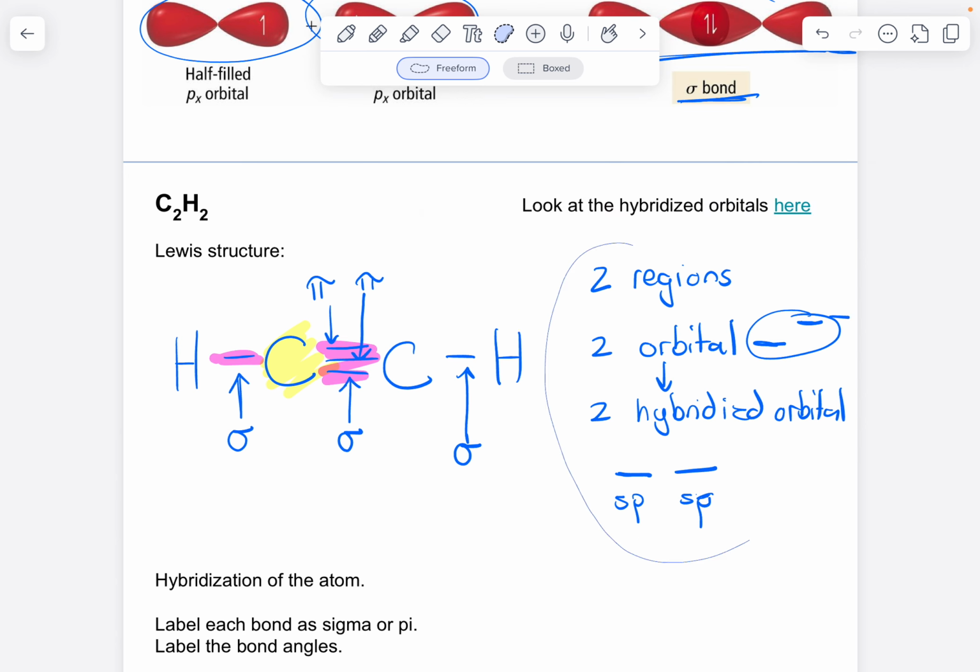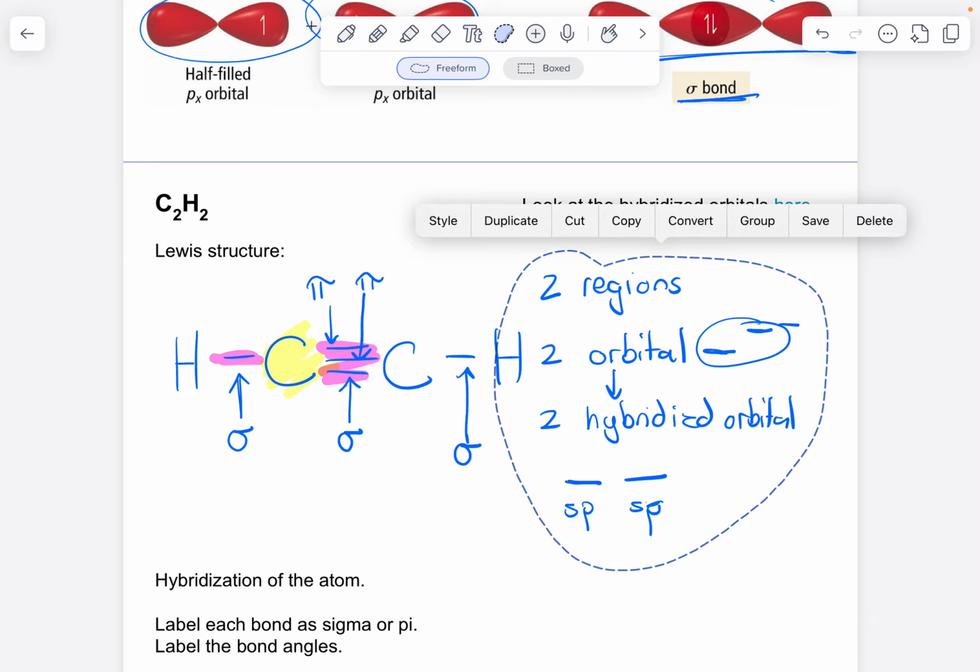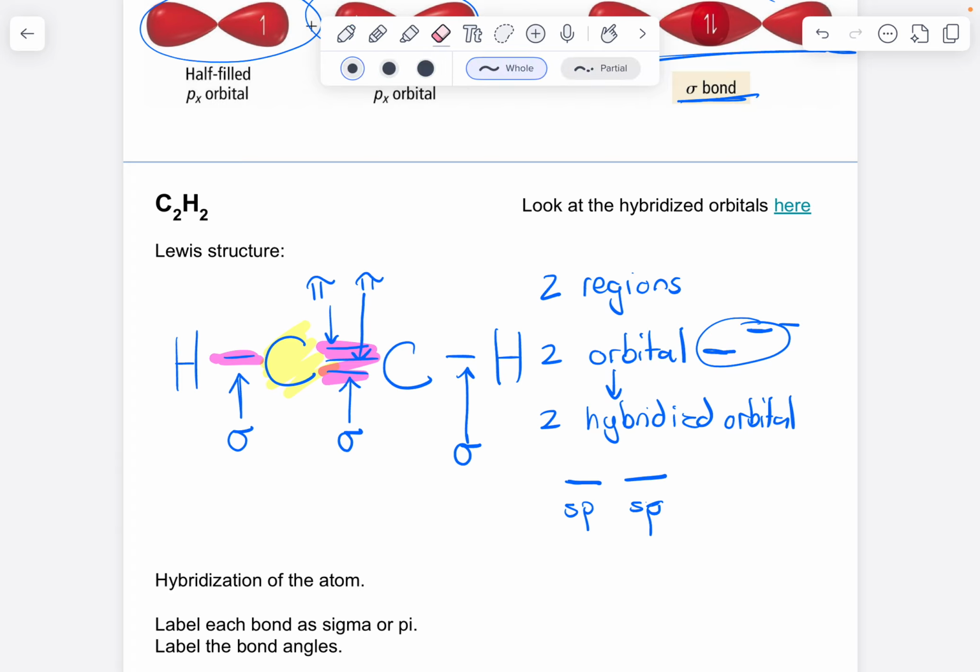Okay. So going back to those orbitals that were on the original ones, I had S, P, P, P, right? I used 2 of them to make the 2 sp orbitals. And then, don't forget, I have those leftover p orbitals that I didn't do anything with.